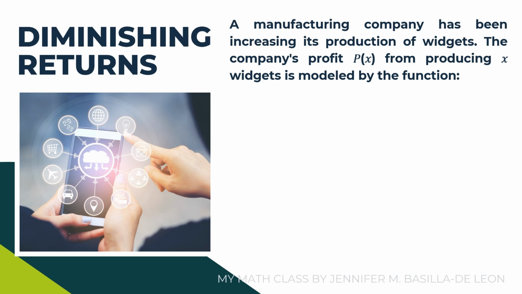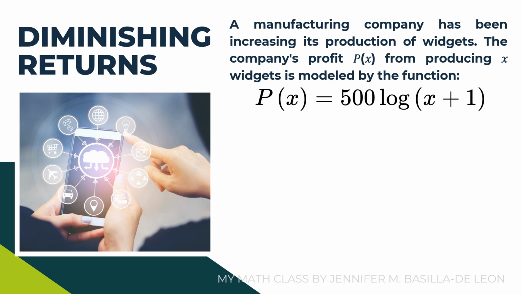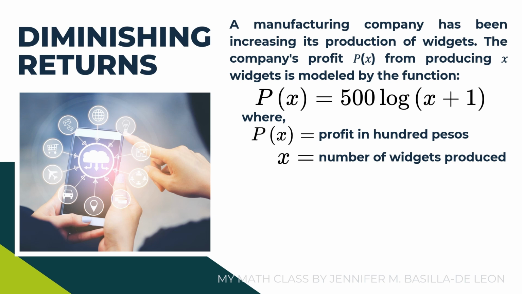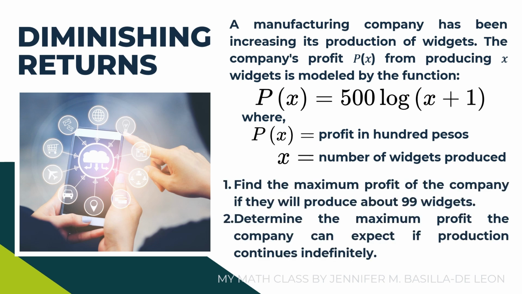The company's profit P of x from producing x widgets is modeled by the function P of x equals 500 times the logarithm of x plus 1, where P of x is the profit in 100 pesos and x is the number of widgets produced. Find the maximum profit of the company if they will produce about 99 widgets, and determine the maximum profit the company can expect if production continues indefinitely.